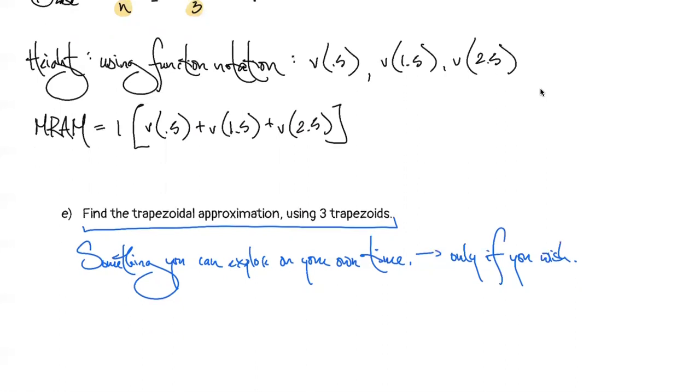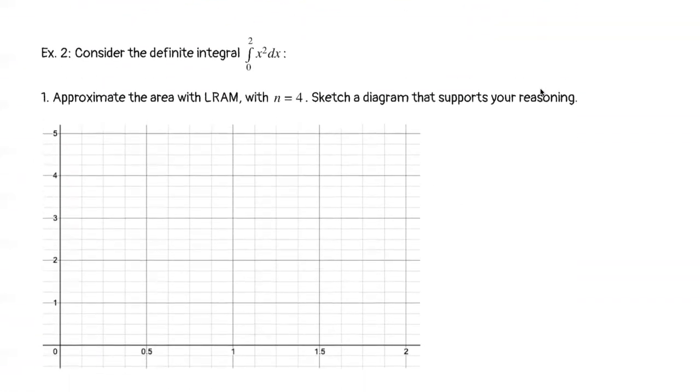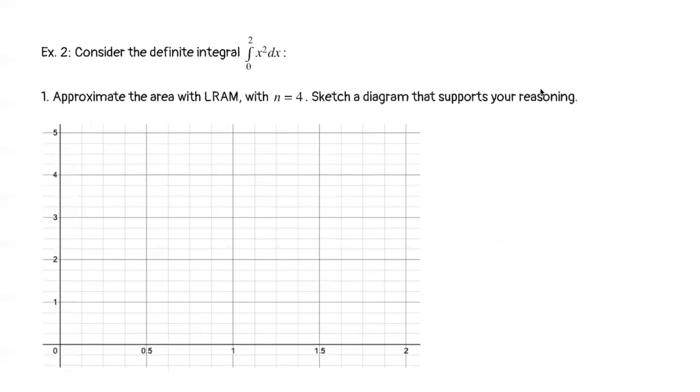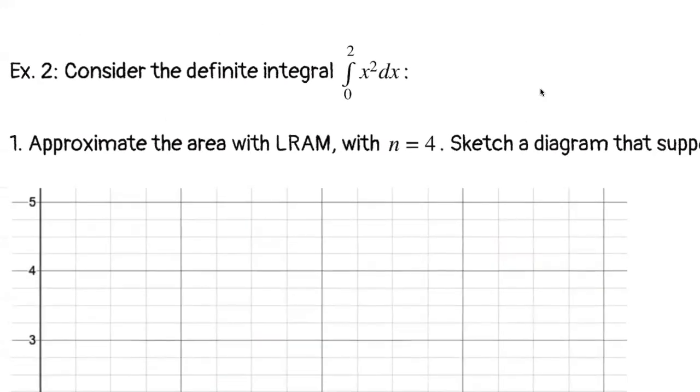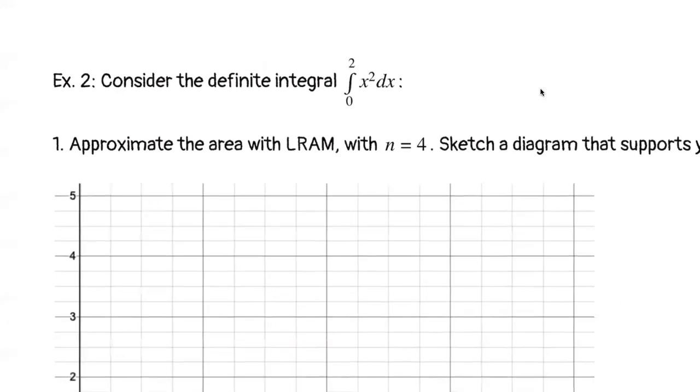Okay, so let's take a look at this second example right here. This is something we haven't seen too much of yet, but we have seen some of this. In particular, this squiggly symbol here and the dx at the end, those two together are called your integral symbol.